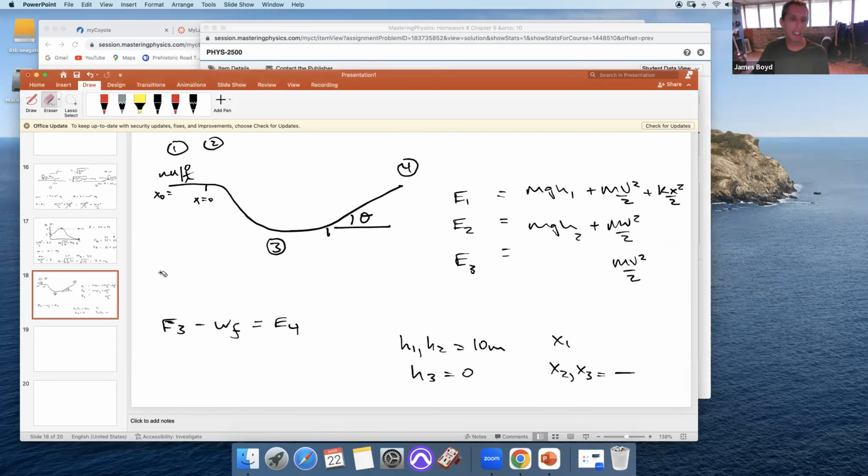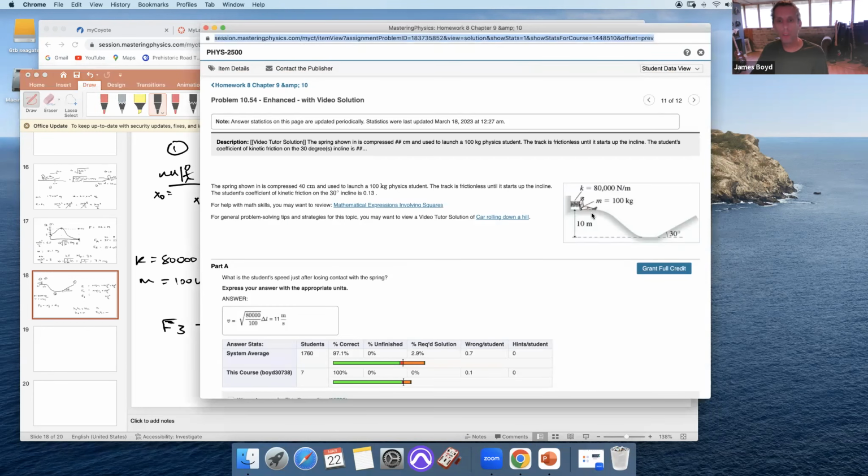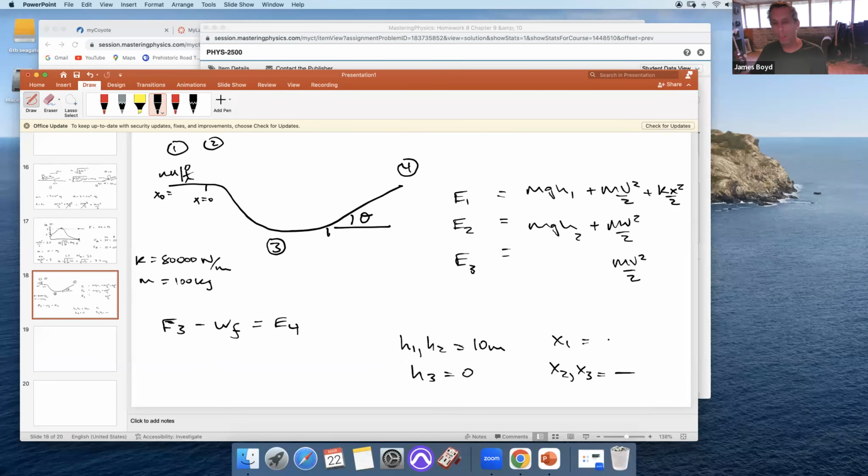K is 80,000 newtons per meter. What is our M? 100 kilograms. And what is our X initial? Initially it is compressed 40 centimeters, so negative 0.40 meters. All right, that is our initial, and our V initial, or our V1, is going to be 0 meters per second.